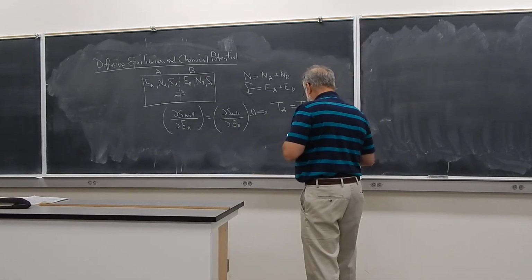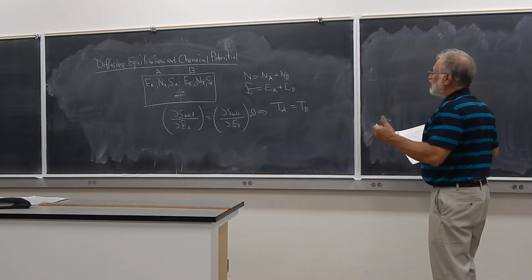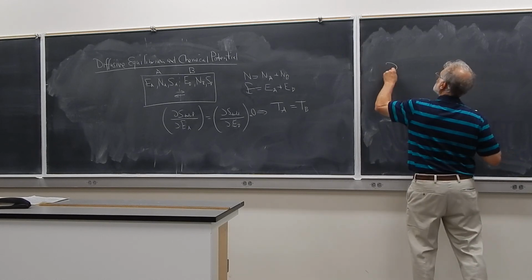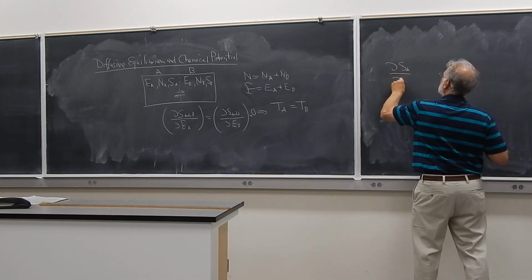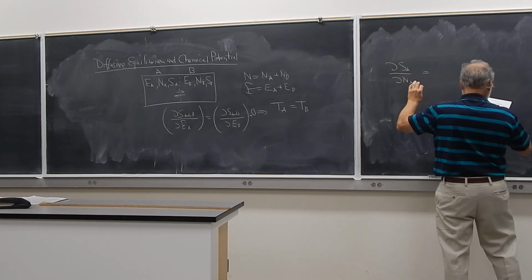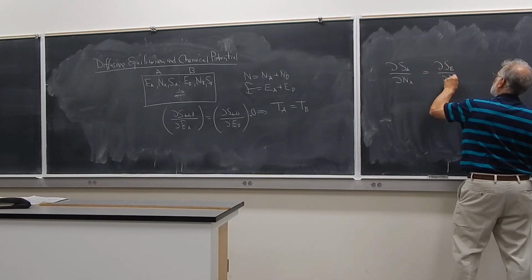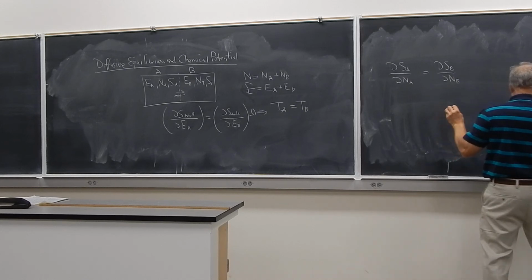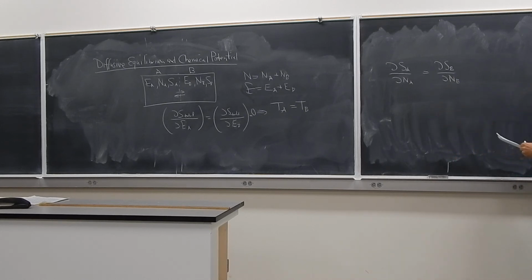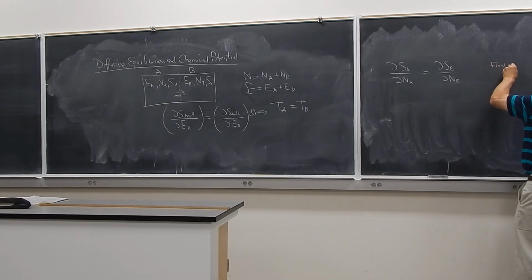So that being the case, since we're also in equilibrium, we're going to say that we are likewise in diffusive equilibrium, which says that the partial of S_A with respect to N_A is equal to the partial of S_B with respect to N_B. And this would be at fixed energy and volume.